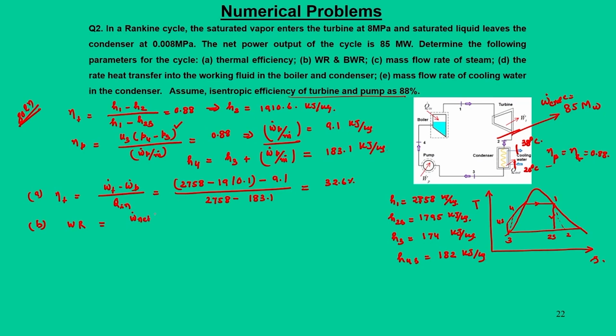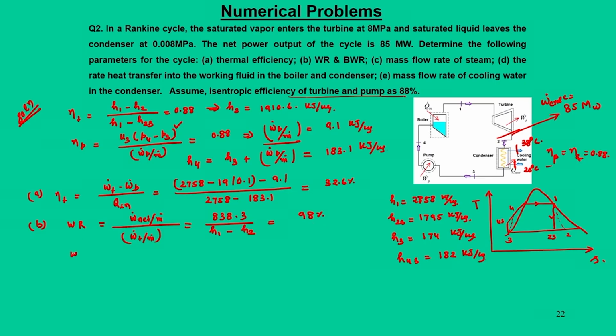Then the work ratio is W dot net by M dot divided by W dot T by M dot. We can find it as 98%. This information is already in the previous problem, that is H1 minus H2. So, if you recall our previous problem data and this data, the work ratio drops by only 1%, from 99 to 98%.